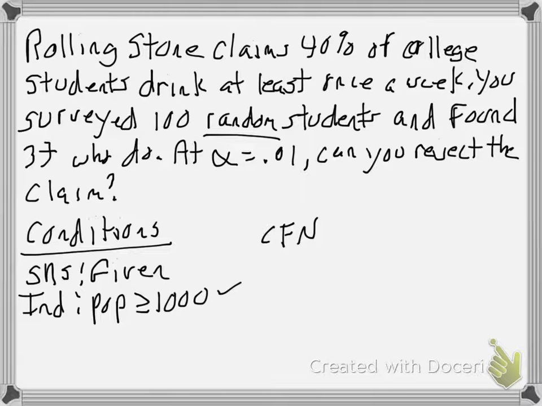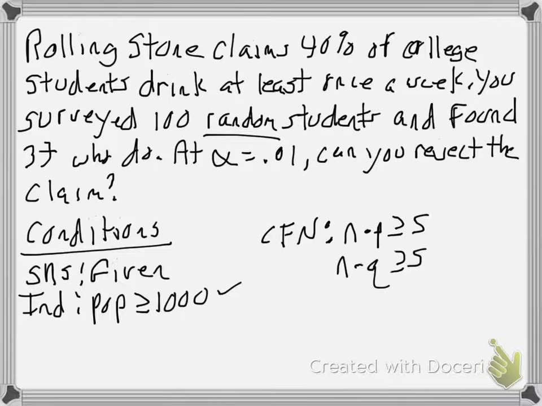Again, this is a proportion problem, so we have to do n times p greater than or equal to 5 and q times p greater than or equal to 5. So what are we doing? Look at that, messing up already. This would be n times q.